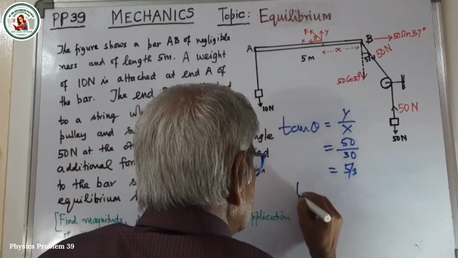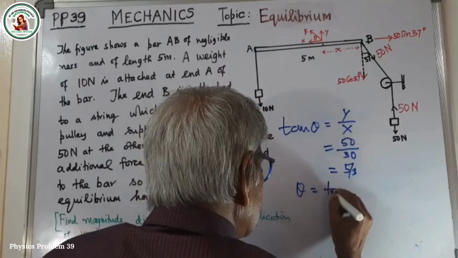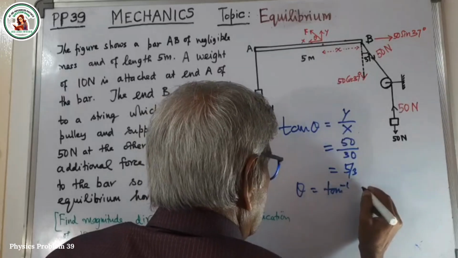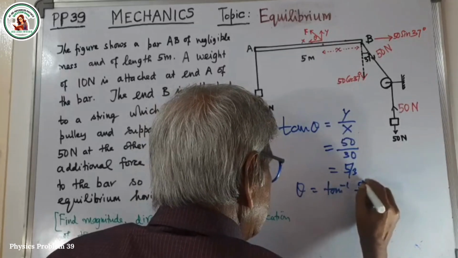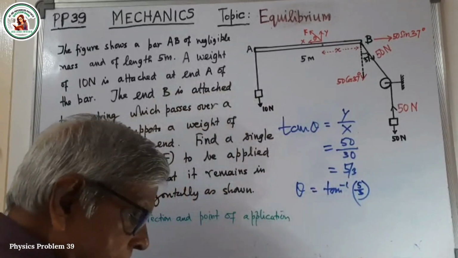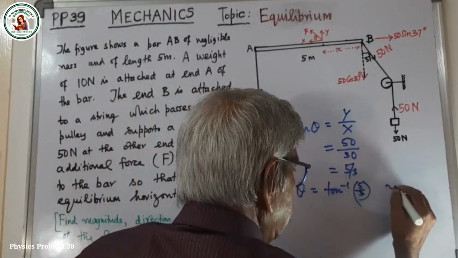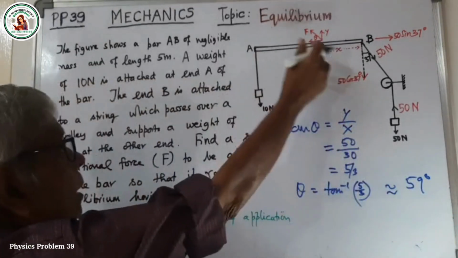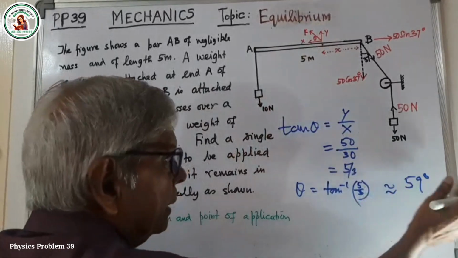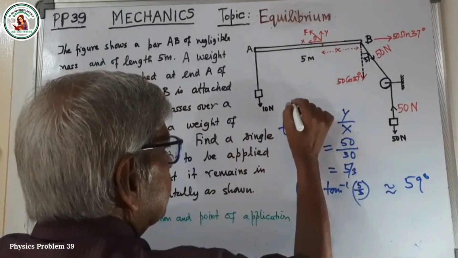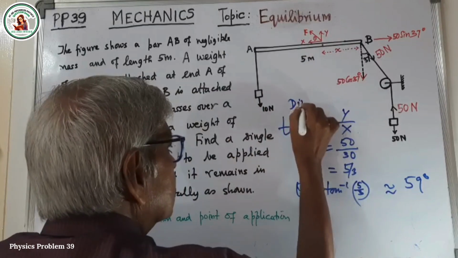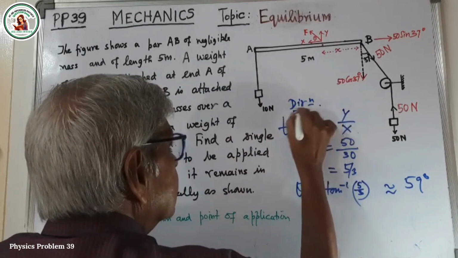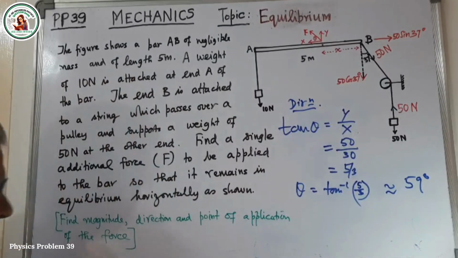So theta is equal to tan inverse of 5 by 3, which gives us approximately 59 degrees. So the direction is given by this, 59 degrees.